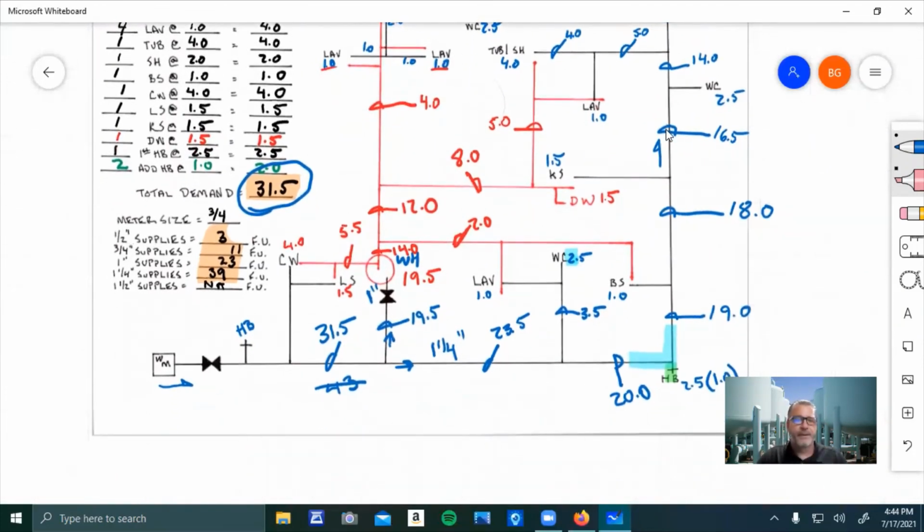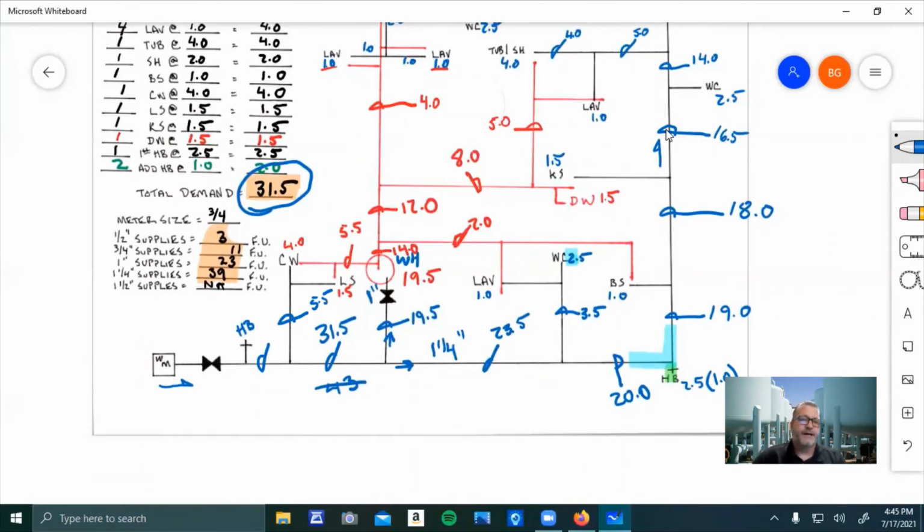Okay, we can sit there and we can calculate this guy. Well, again, I did it again. I need to go back to my pen, not the highlighter. So right here, we have a total fixture unit value of 5.5. Right here, each one, might as well do each section of piping. Well, for the most part, each section of piping.